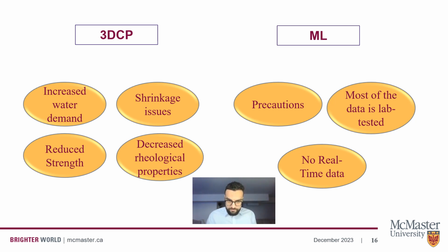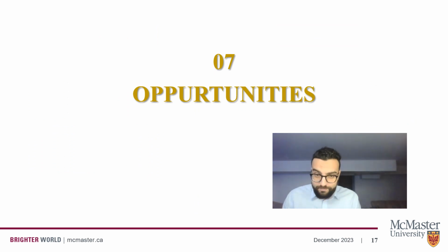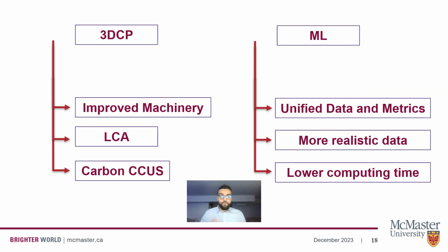Then opportunities. Talking about the opportunities for the different sections that we incorporated into our study for 3D concrete printing, we are basically, as a research community, trying to think of improving the machinery and the nozzles, for example, used.